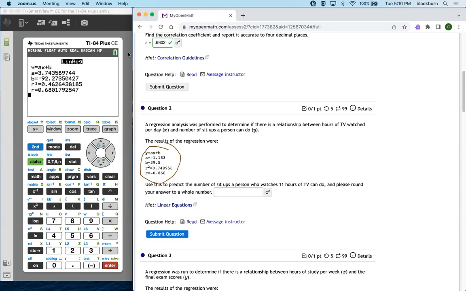So basically what that means is that the line of best fit on this is going to be y equals the slope negative 1.183x plus the y-intercept 39.5. So this is used to predict the number of sit-ups a person who watches 11 hours of TV can do. You gotta think not many, but we'll see what happens.